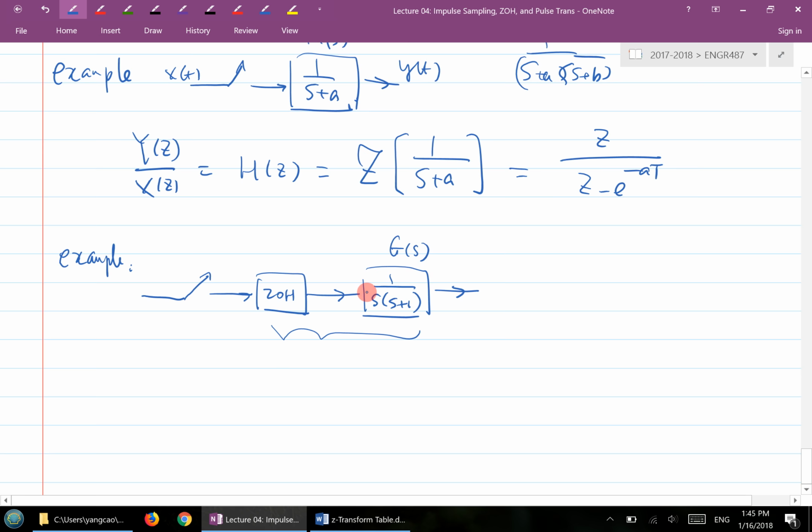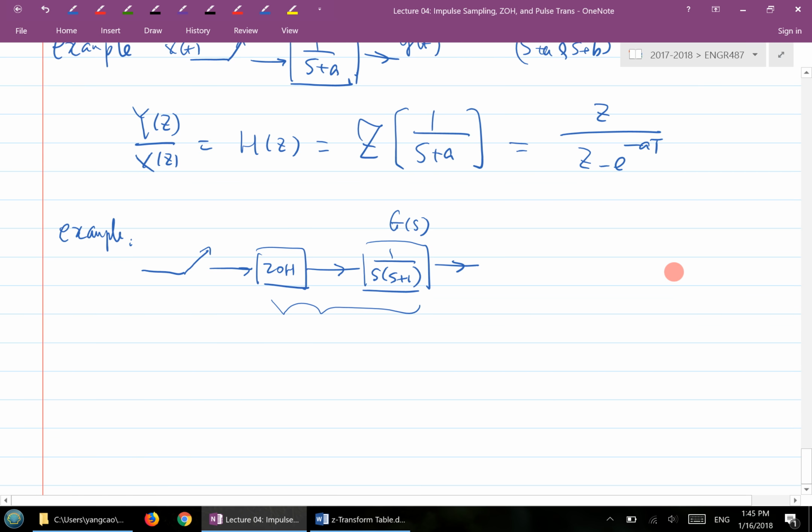And the zero order hold, as we just derived, its transfer function is 1 minus e to the power negative Ts over s. Let's call these two blocks together P of S.